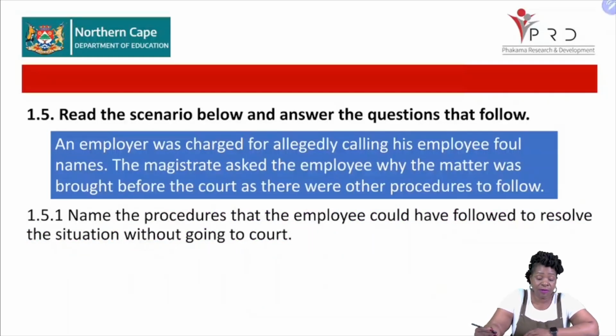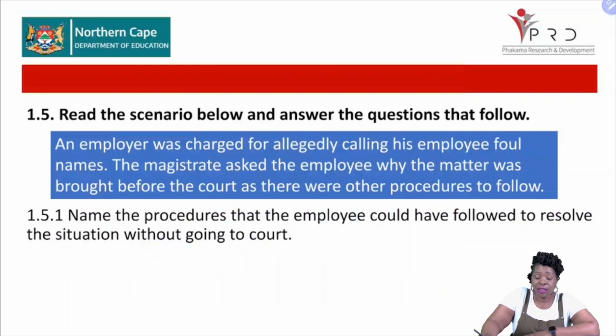Question 1.5 says, read the scenario below and answer the questions that follow. Right, learners, I will read the scenario to you. It says, an employer was charged for allegedly calling his employee foul names.